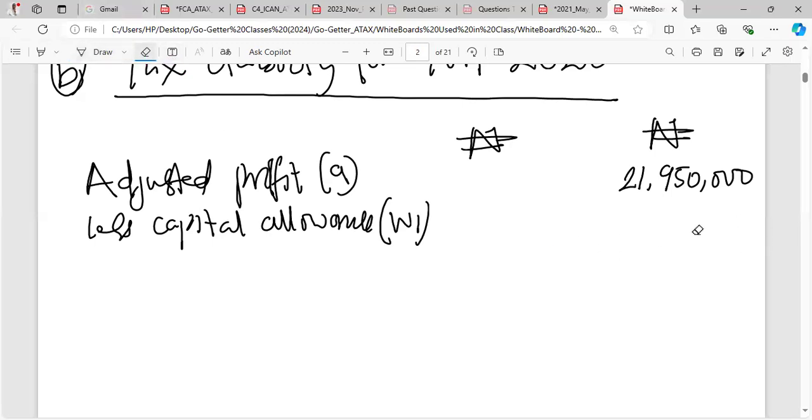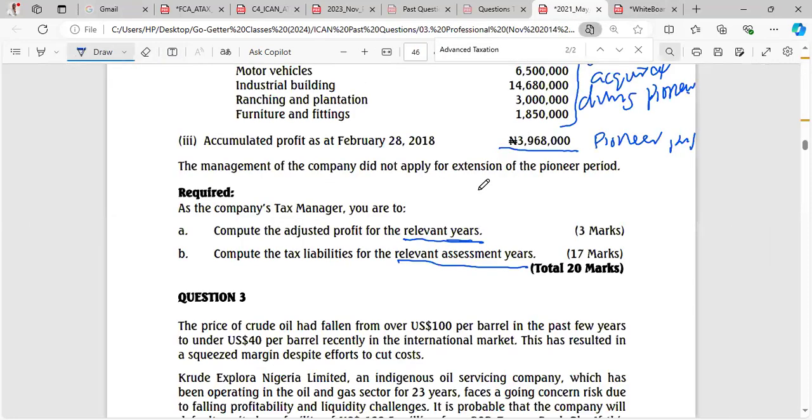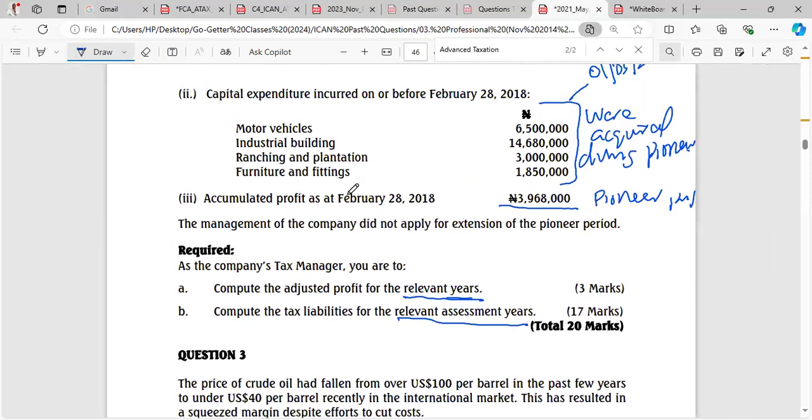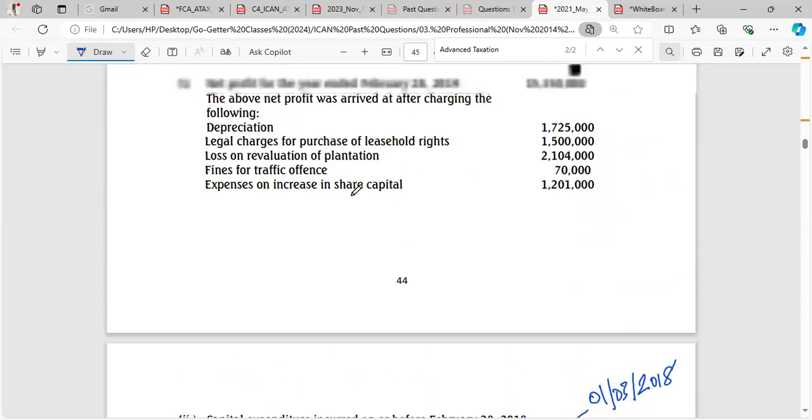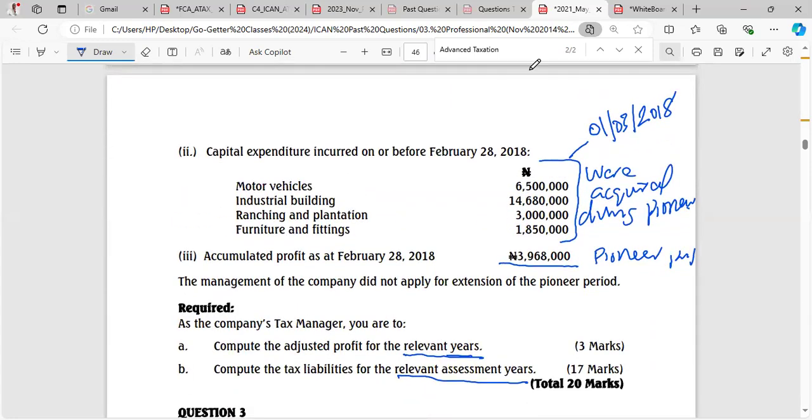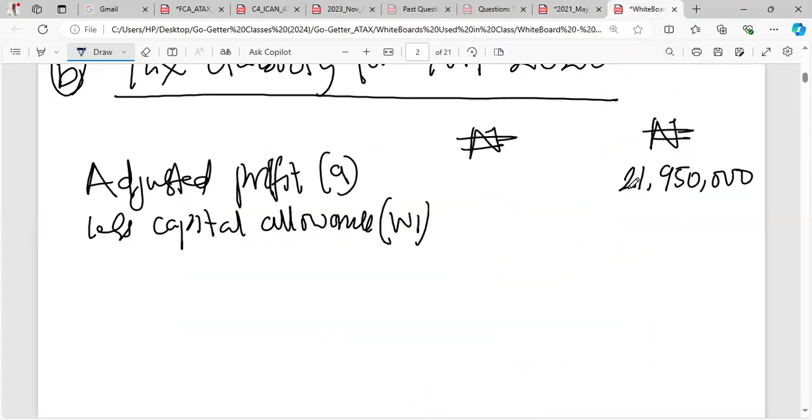This is the way we are going to do capital allowance in workings 1. Is there any capital allowance that was unrelieved before the period? No. So we'll just say capital allowance for the year.